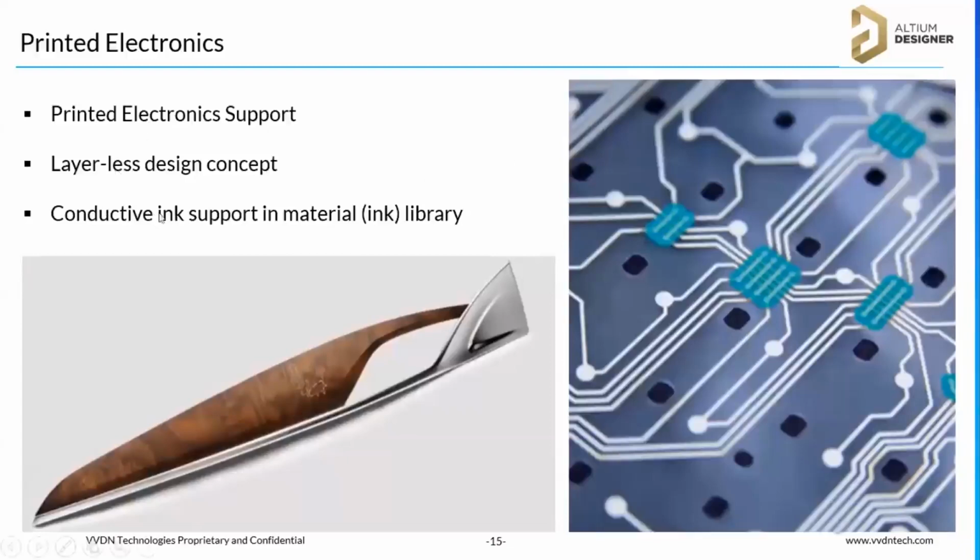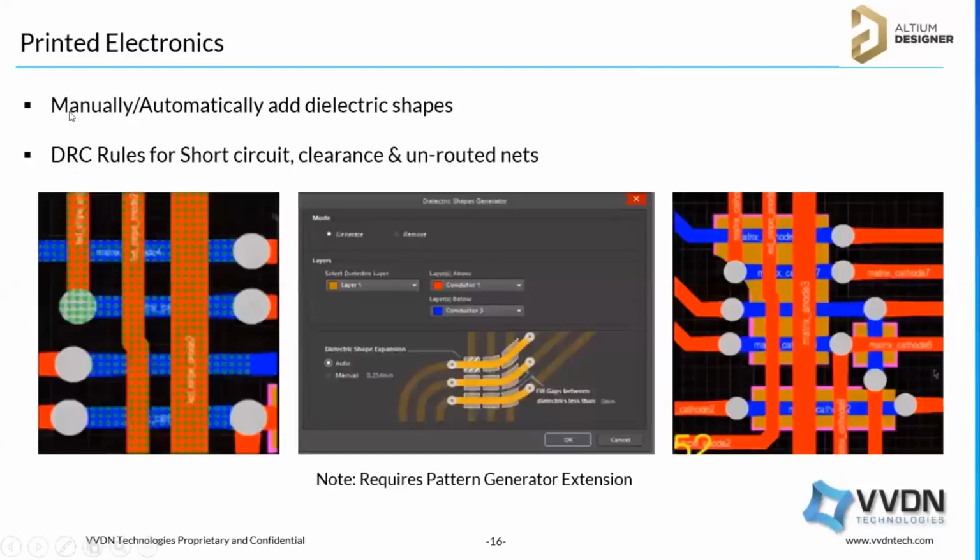Okay, we can include this conductive ink. You can see here there are two signals crossing, so we can add the dielectric shapes manually or automatically where there is a cross between two layers. On the tool side, even if you are printing this PCB as a single one, you have to show two different layers, and whenever there's a cross we can add the insulation, just for the tool software's understanding. Otherwise it throws an error even though there are two different layers.